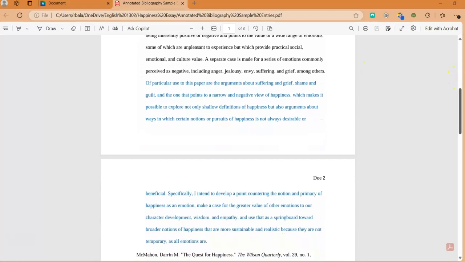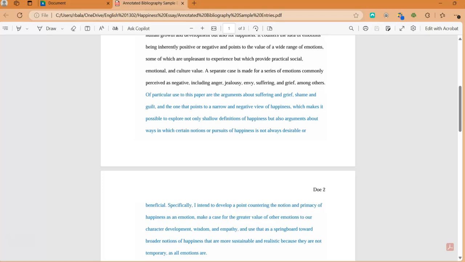So the part in blue is where I have to explain, well, how am I going to use this to develop some point in my paper? This is where I'm writing. I can use a little bit of first person here because I'm explaining to myself and also to a professor or whoever else is reading this, a tutor, a friend, a colleague, to see, like, hey, does this make sense? Is this clear? Not only to me, but to others.